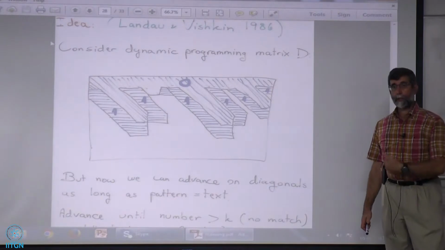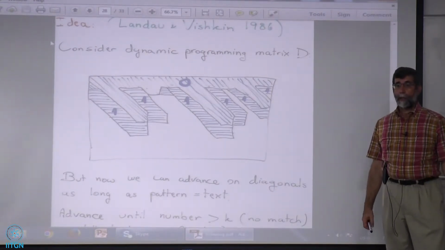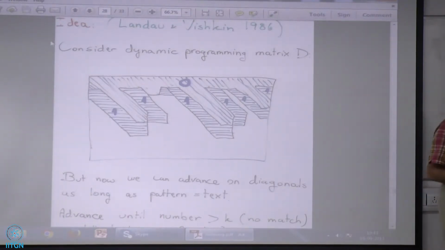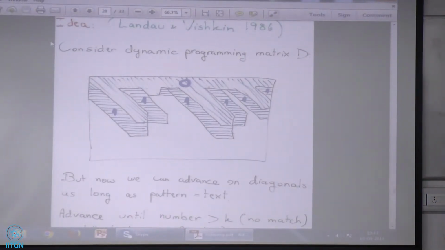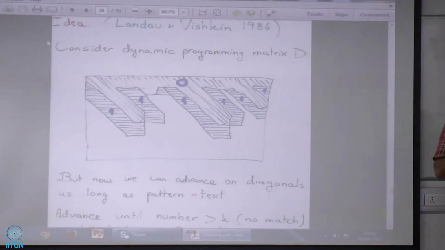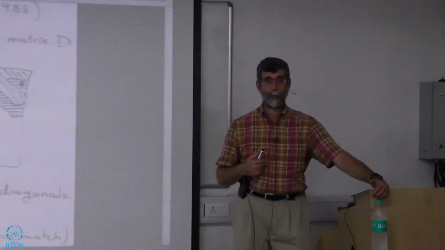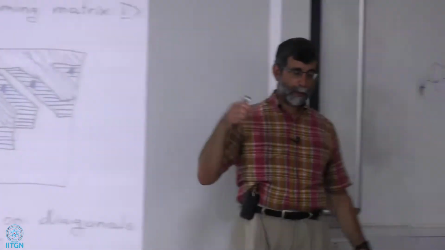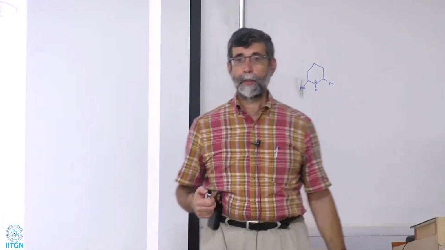And then we know how to extend the 3. We only want up to k errors. So in fact, we're going to extend every diagonal up to k plus 1 jumps, exactly like we did in the kangaroo algorithm.